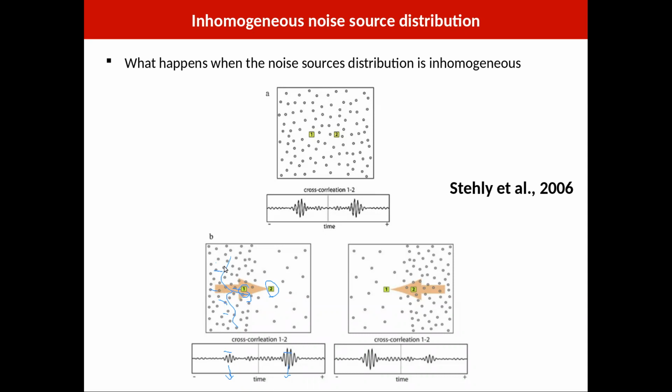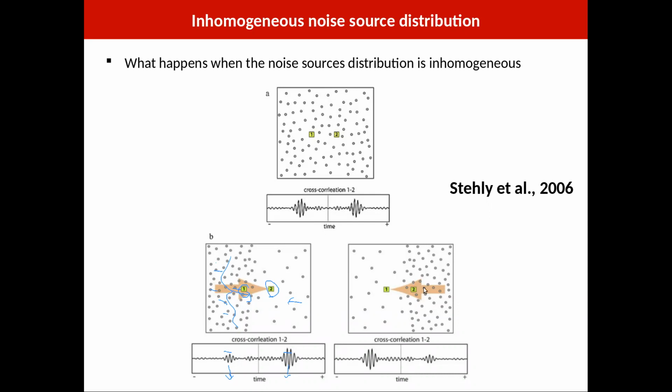You see, because the majority of the noise sources are occurring behind station 1, the amplitude recorded at station 2 is bigger than in the case where the noise sources are fewer, and then the amplitudes are decreased.